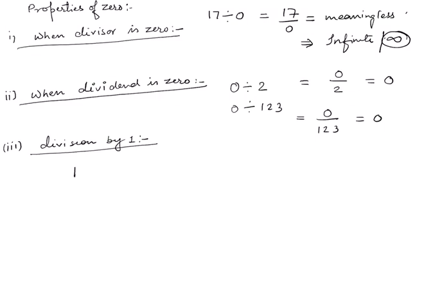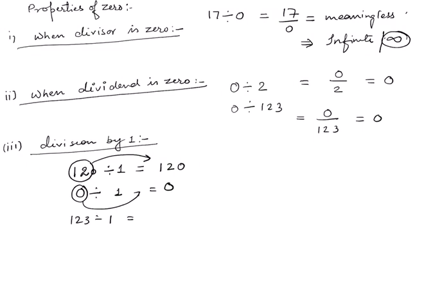Suppose I am writing 120 divided by 1. If you divide it by 1, you will get 120. The same whole number you will get as the answer. If you divide 0 by 1, you will get the same answer, 0. If you write 123 divided by 1, you will get 123.